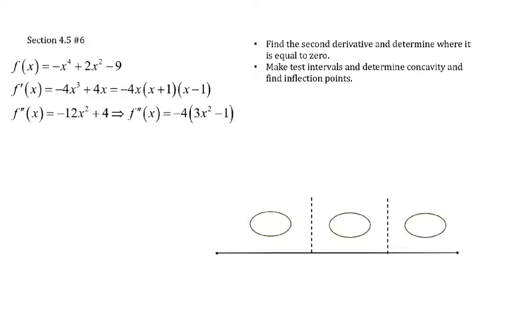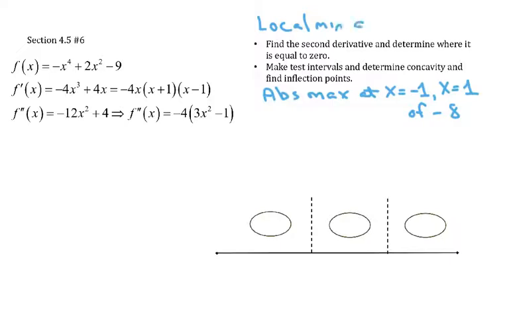So we have an absolute max at x equals negative 1 and x equals 1 of negative 8. We have a local minimum at x equals 0 of negative 8. Nope, not negative 8, of negative 9.